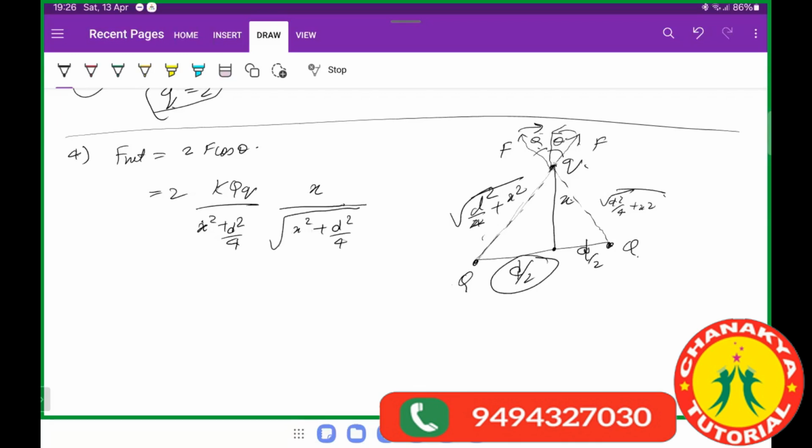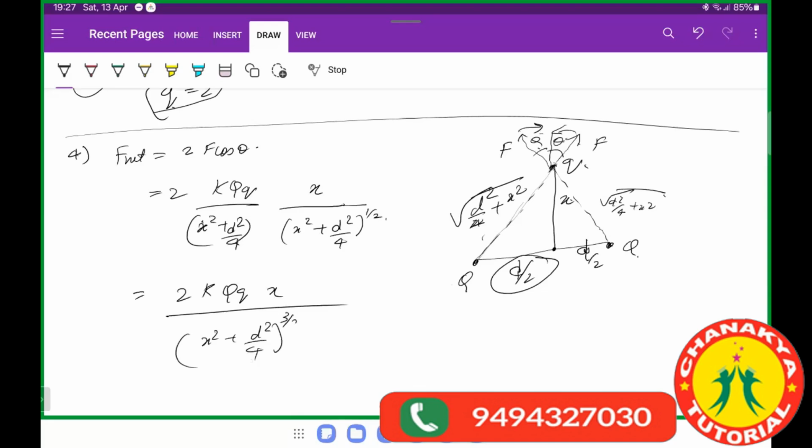Or let's write it like this, power 1 by 2. That's it. 2KQqx by, if I add this one, it will become 3 by 2. 1 plus 1 by 2 is 3 by 2. So x square plus d square by 4 to the power 3 by 2.